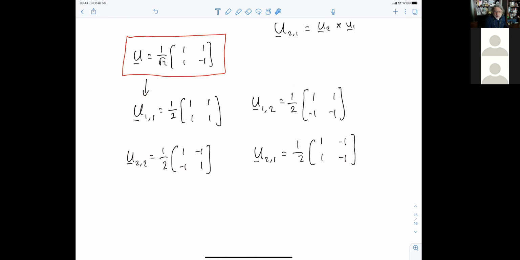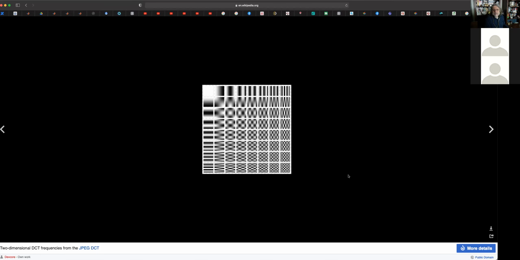And right now, I want to show you an example of that by making a new share, which is here. Okay. Now, these are the basis images of an 8 by 8 discrete cosine transform.